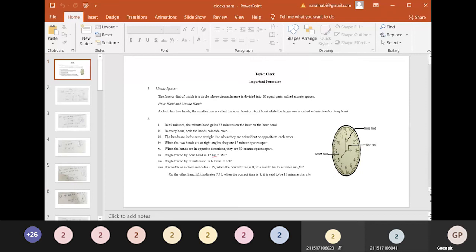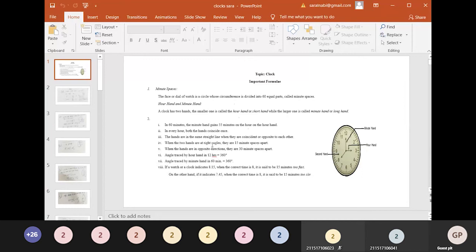The hands are in the same straight line when they are coincident or in opposite directions. The minute hand and hour hand coincide only one time in one rotation, and they are in opposite directions only one time in one rotation. They show two right angles in one complete rotation.